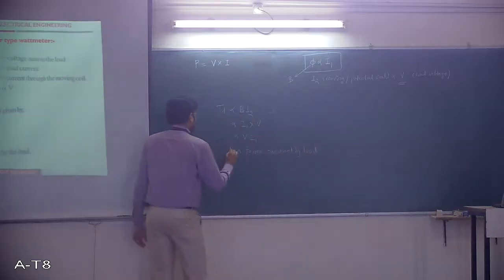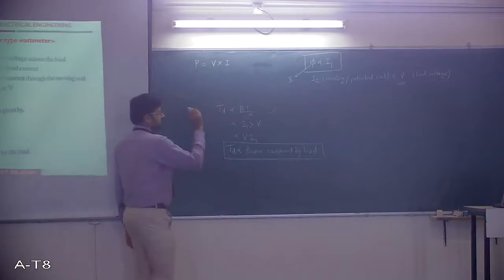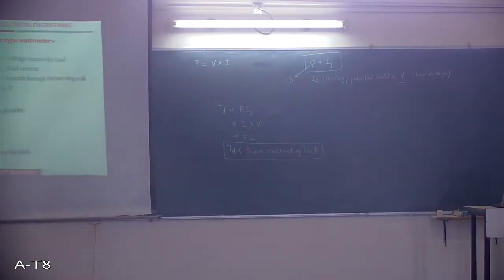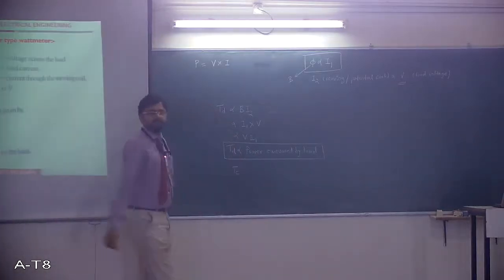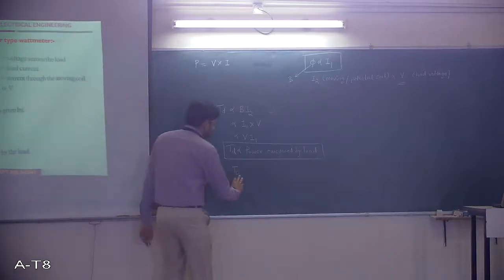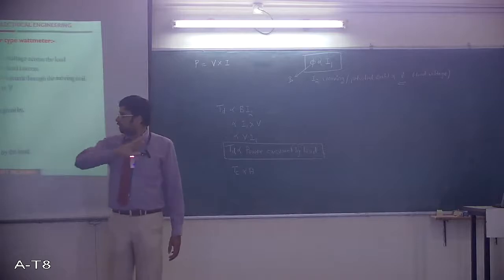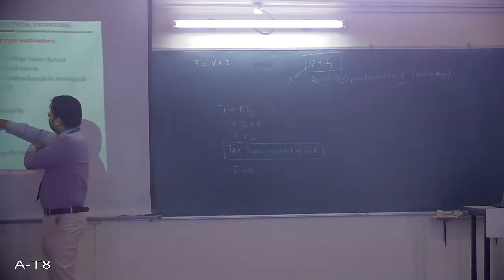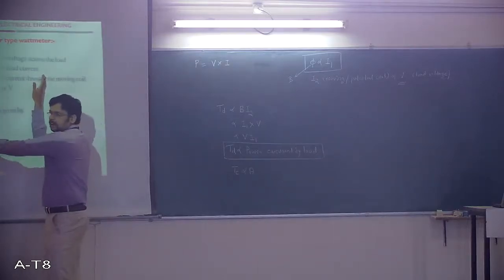So your deflection torque TD is proportional to power consumed by the load. Is that clear? We also know that there will be a controlling torque TC, and this controlling torque TC is proportional to angular position, whatever the angle the pointer will make, depending upon how much it moves over the graduated scale, whatever angle it makes with the reference.